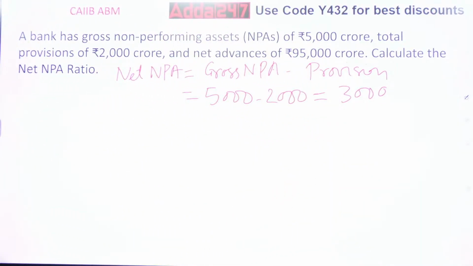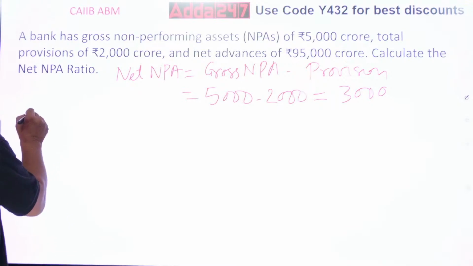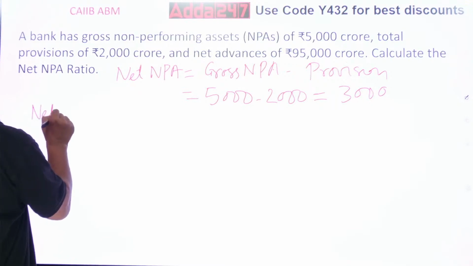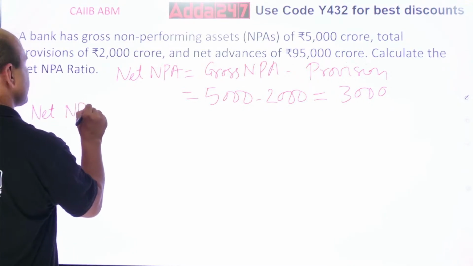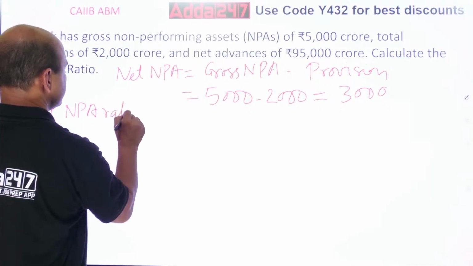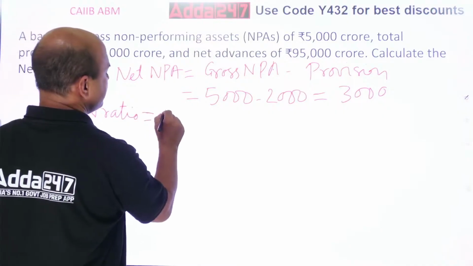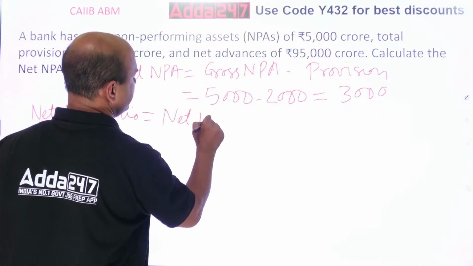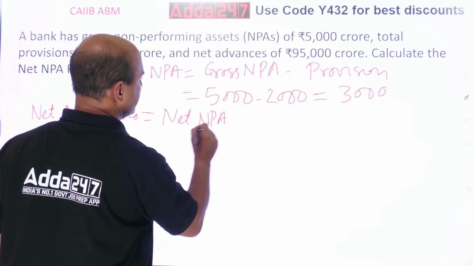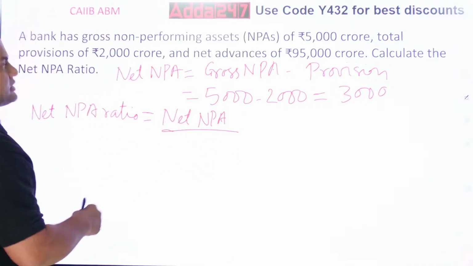So now done. Now what do I want? Net NPA, I have got it. But my question is net NPA ratio. What is net NPA ratio? So net NPA ratio, kindly note, is equal to whatever is your net NPA divided by total advances.